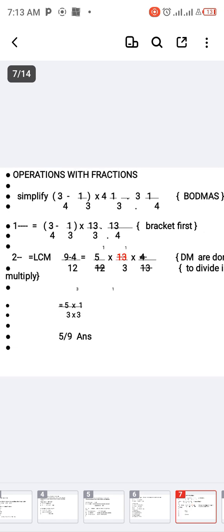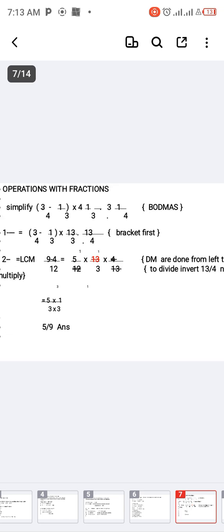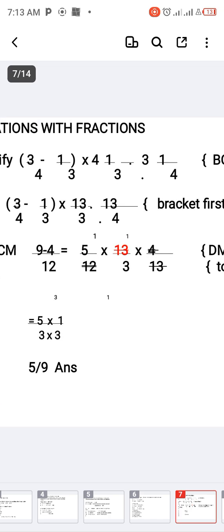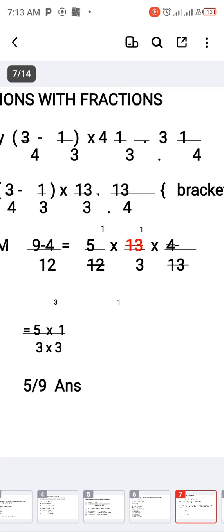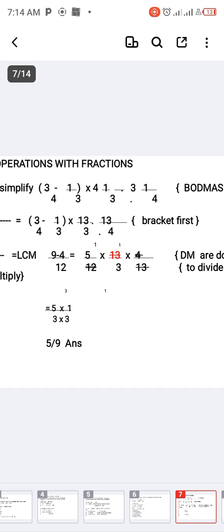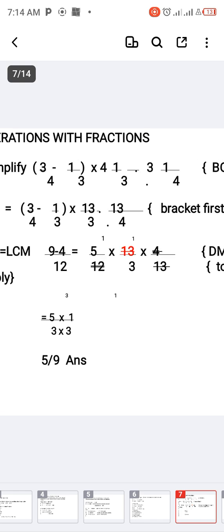Now the solution. We begin with BODMAS. The BODMAS rule says we should solve the one in bracket first, and the one in bracket is 3/4 minus 1/3. It is just subtraction of fractions, which we have known how to do. We take the common denominator, the LCM of 4 and 3, which is 12. 12 divided by 4 is 3, and 3 times 3 is 9.